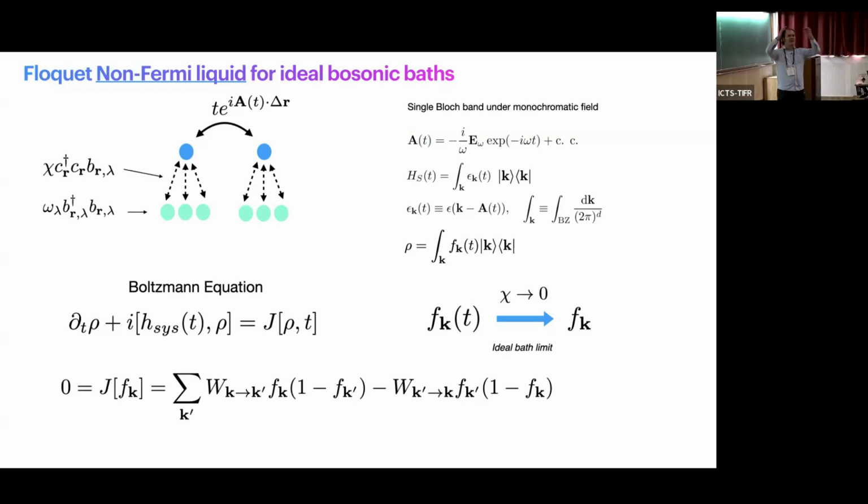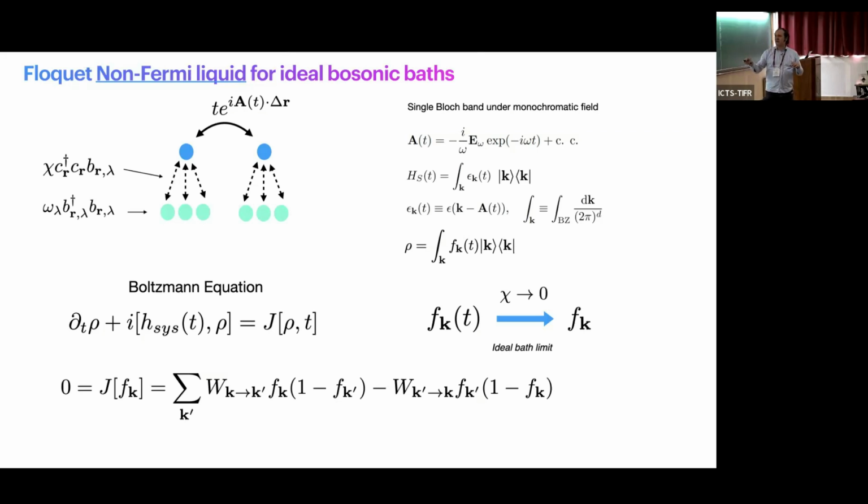So it's the same kind of setting that I was just telling you. In the steady state, the system eventually thermalizes, reaches a steady state in which there is a kind of rigid occupation when you're moving in the crystal momentum frame. The physical momentum is always K minus A, so they are oscillating, but when you track the electrons in this sort of moving frame, the relative occupation is static.